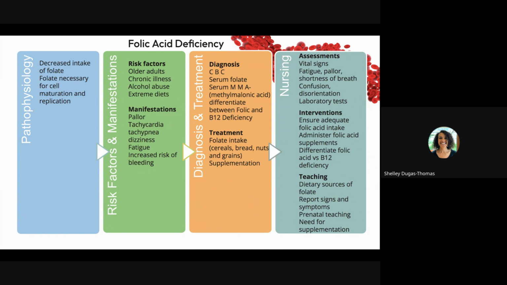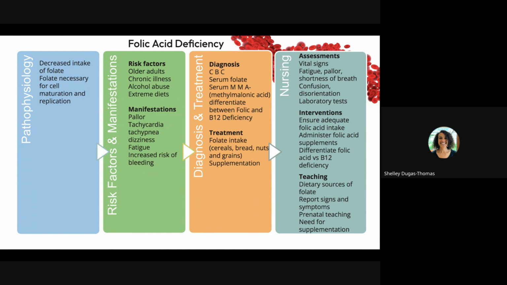So manifestations are pallor, fatigue, tachycardia, tachypnea, dizziness, bleeding risk. Neurological manifestations include sometimes confusion. Specifically, if you have this in pregnancy or infants, you may see developmental delays.